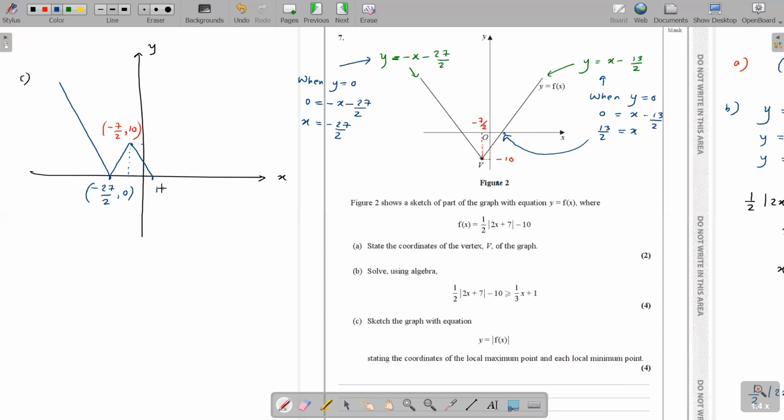So this cutting point is 13/2, comma 0 if I give the coordinates. Okay, and then the other part of the graph will continue in the normal way. So you get kind of like this W shape. Can you understand? And they ask you to find the coordinates of the local maximum and the local minimum points. So I have written these are the two local minimum points, minus 27/2 and 13/2, and the local maximum we have here is minus 7/2.